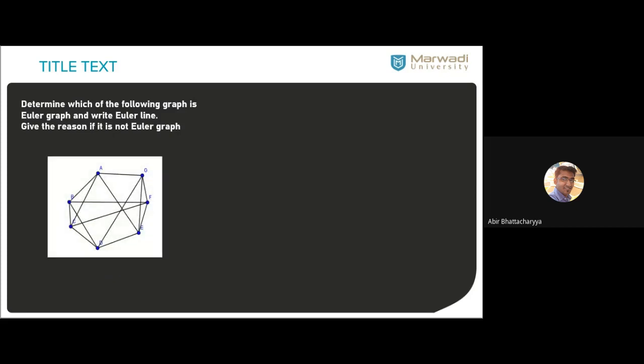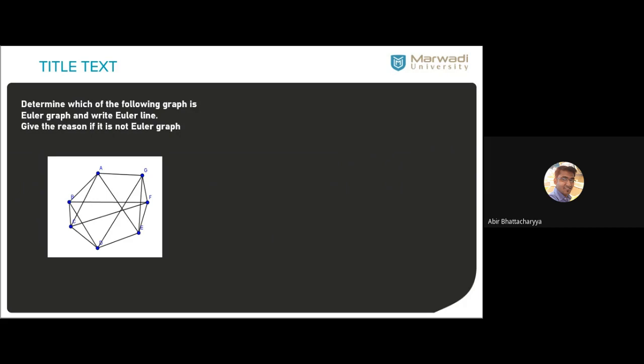So first question for you, this graph. Is it a Euler graph? All of you check it. Is it a Euler graph or not? Okay, if it is yes, then you have to write an Euler line. If your answer is yes, all of you write down on chat box what is the Euler line.